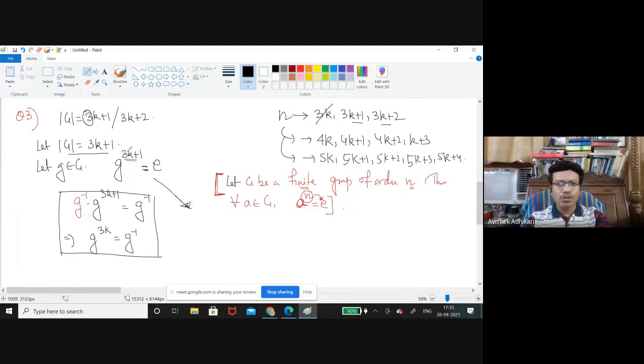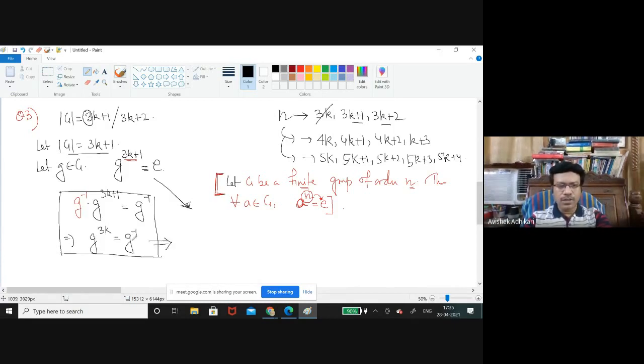So that should be a multiple of 3, right? So if I multiply both sides with G, what will I get? You will get here G, but here it won't be your G.